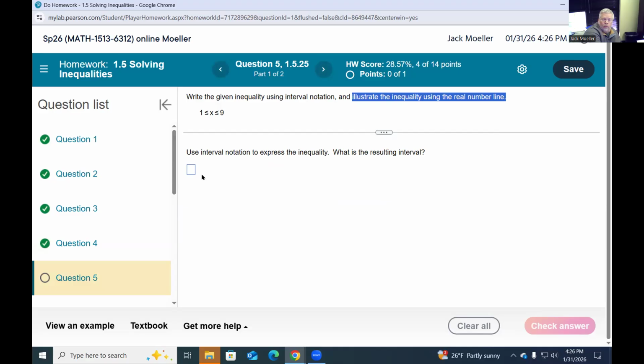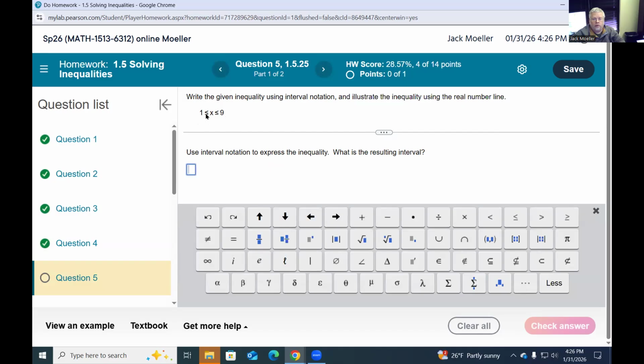And then what are you putting on 1? An open circle, closed circle, or bracket. Both of these are closed circles or brackets. It's in between, so it's a compound inequality that tells you the left and the right. The left is 1. There is a bracket there. So 1, comma, and then we go to 9.